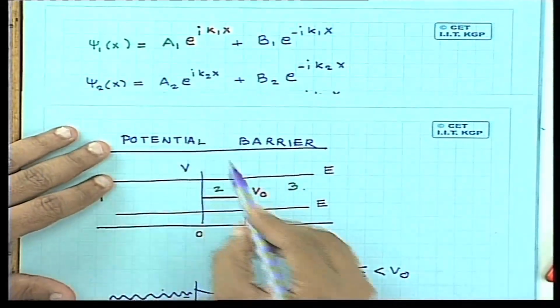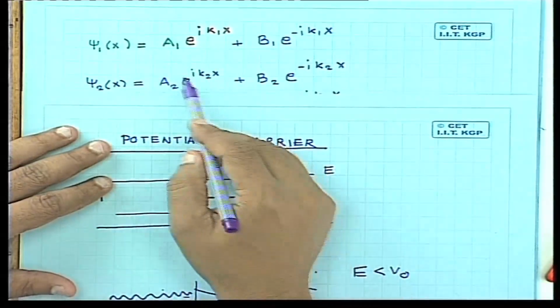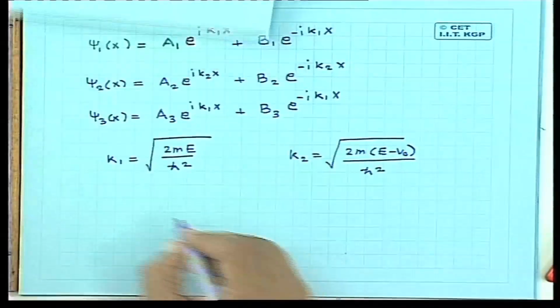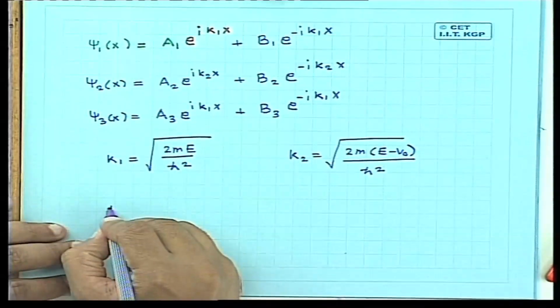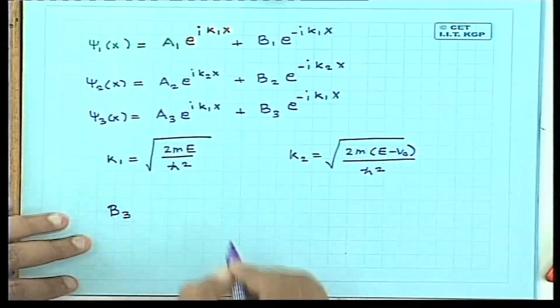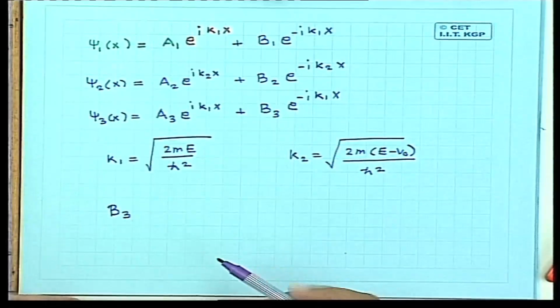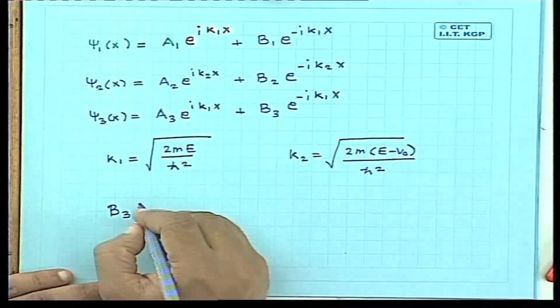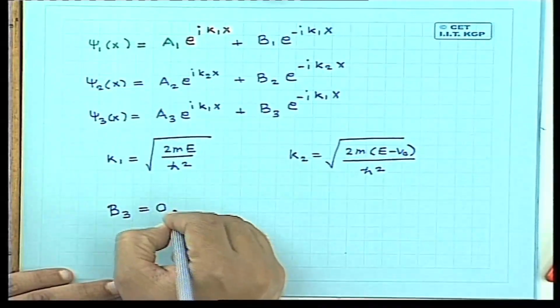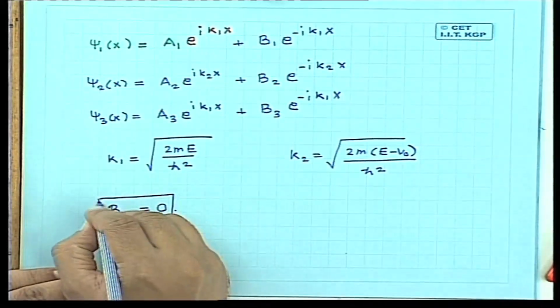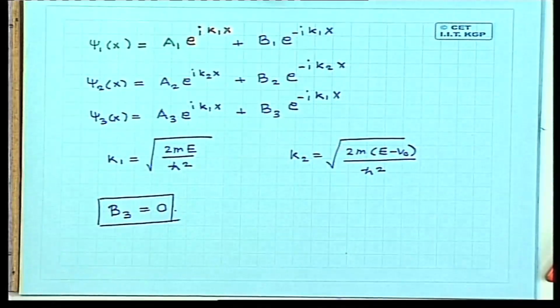In between also you could have an exponentially decaying and exponentially growing part. But there are no particles incident from here, which also tells us that B3, which corresponds to the probability current flowing from right to left in region 3, is equal to 0. So we know that B3 is 0.